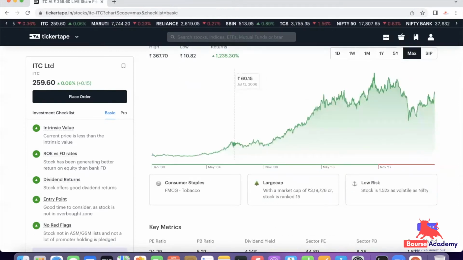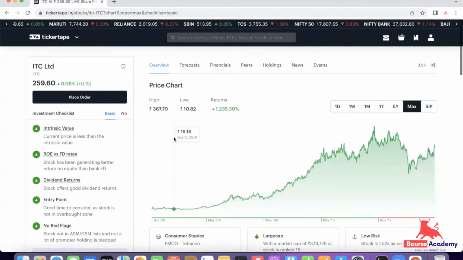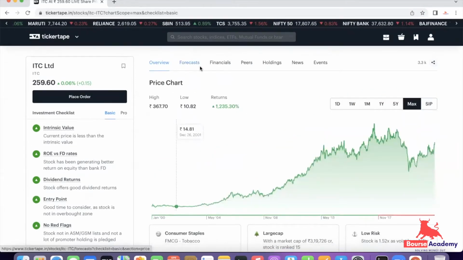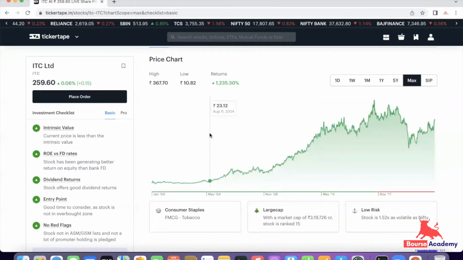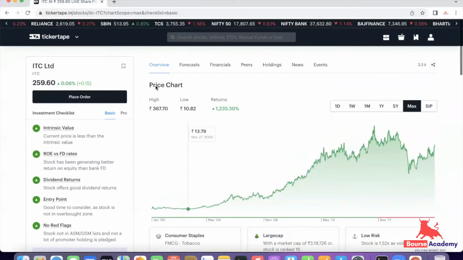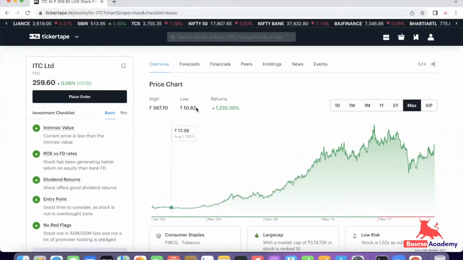Before we continue further, we will also be understanding many things about the stock market and how this ticker information is going to help us. First of all, we'll try to understand how to read any stock. So this is today's high and low, and this is how the maximum highs and lows appear.